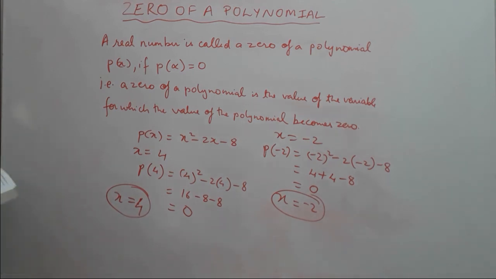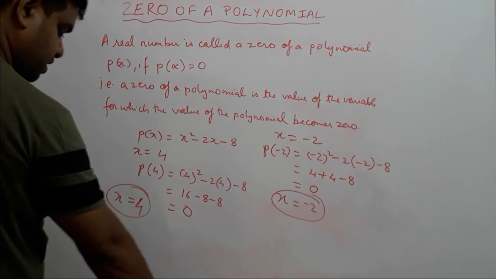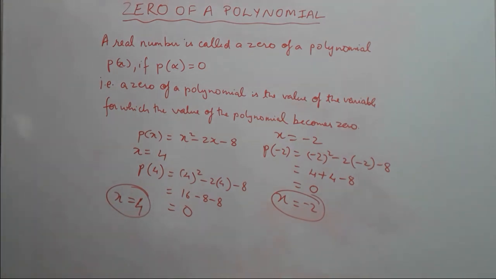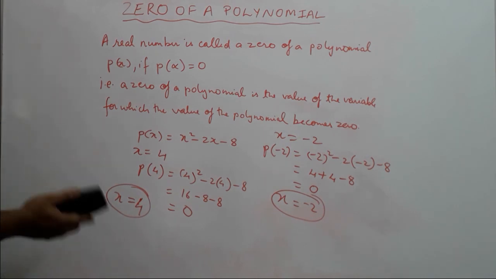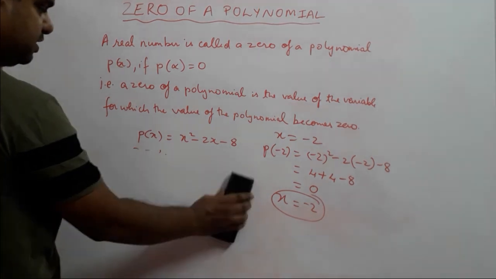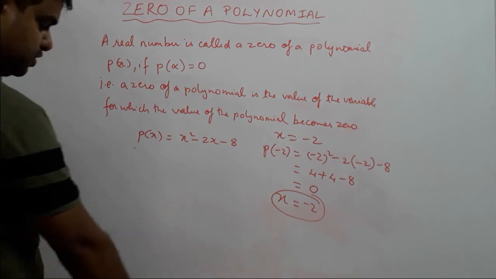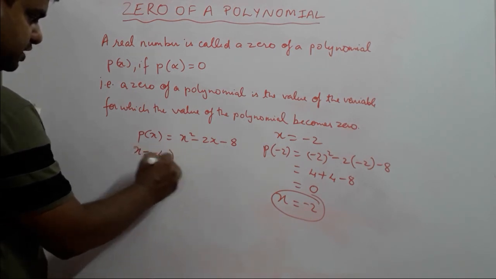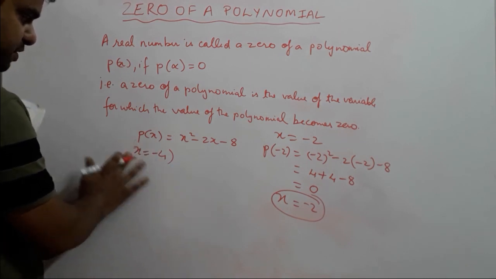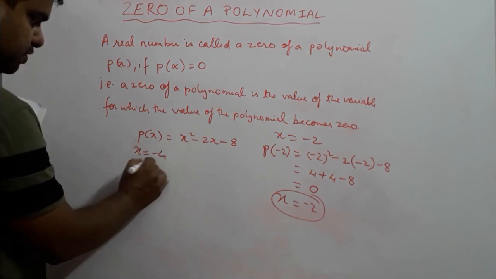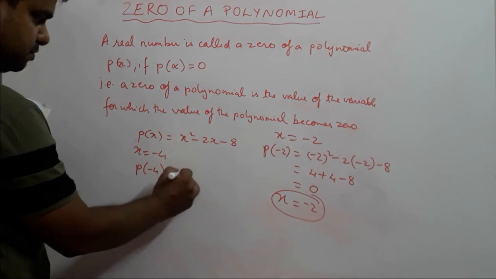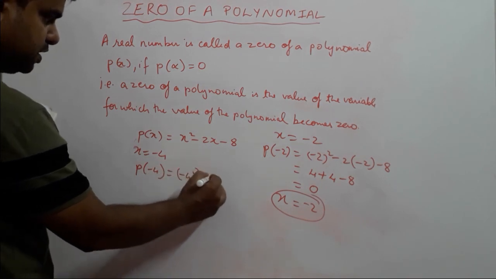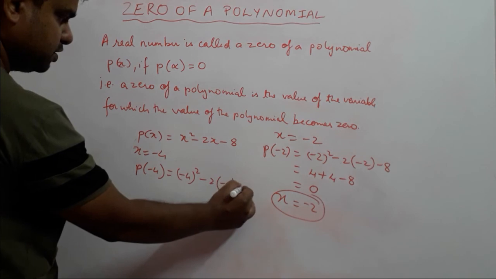We'll take another example to see how not all real numbers are zeros of the polynomial. Instead of x equal to 4, we'll take x equal to minus 4 and see what we get. So p of minus 4 is minus 4 whole square minus 2 into minus 4 minus 8.